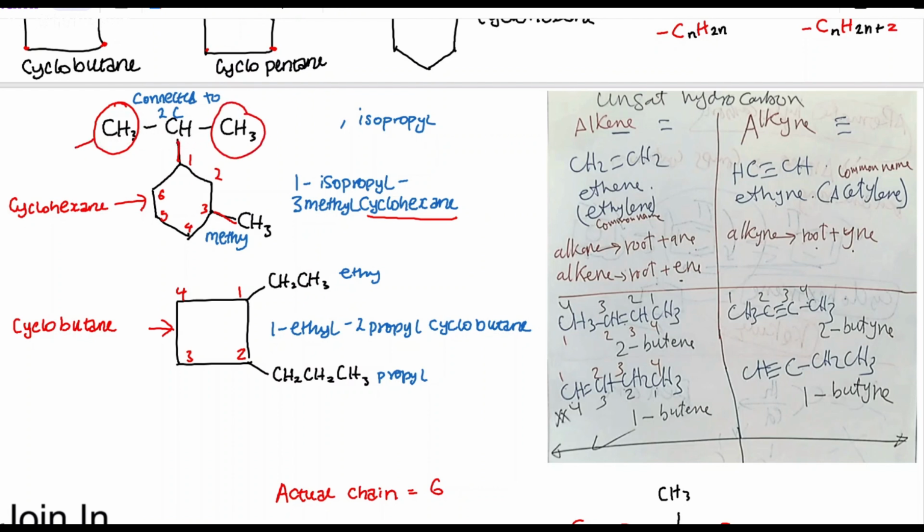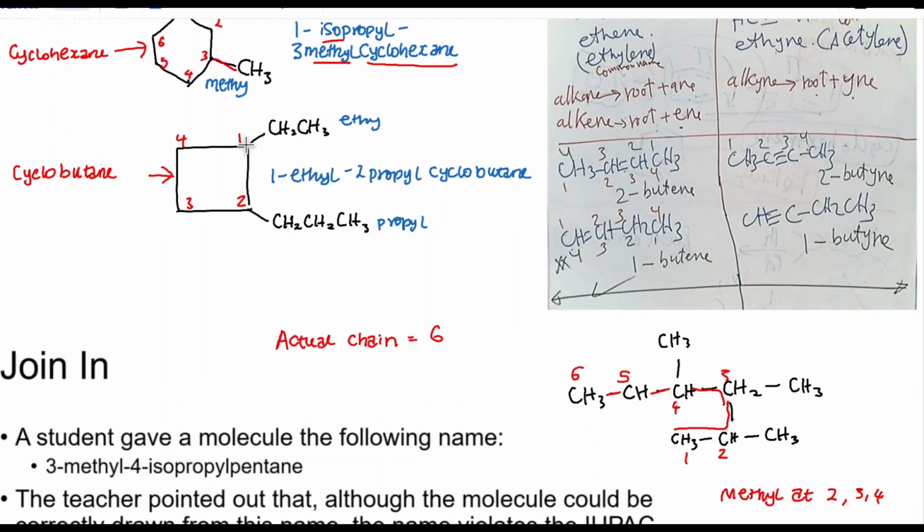If it connected here instead, and this was CH2, then it would be regular propyl. But since it connects in the middle, it's isopropyl. And then at 3 is just the regular methane, so 3-methyl. The other one is the same thing. The cyclic is butane because it's 4. And then 1, 2: one has ethyl, the other has propyl.